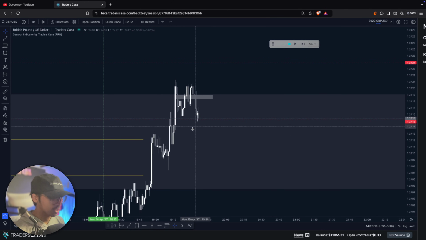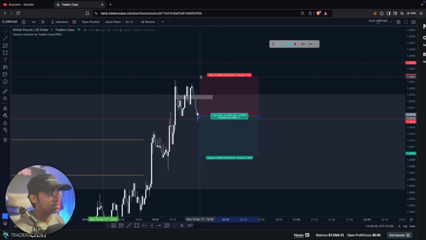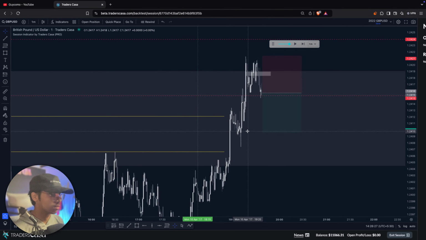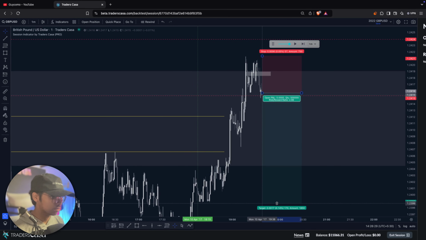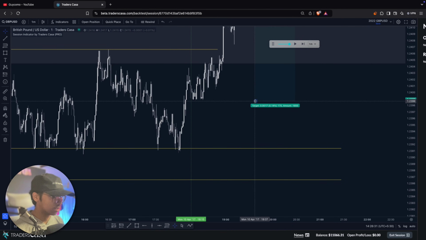This is the point exactly where the change in structural liquidity has happened. This is the nearest sell side liquidity, and this is the farthest.